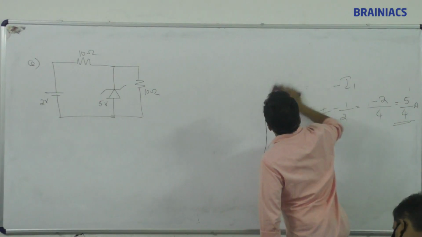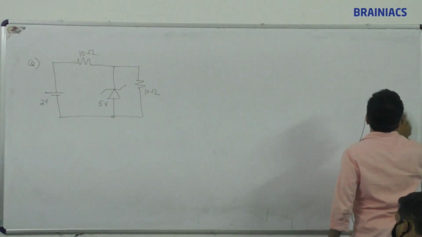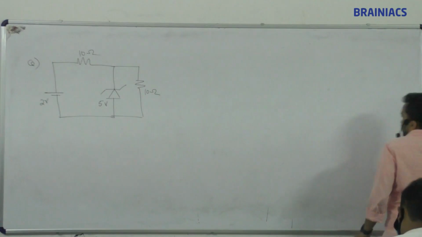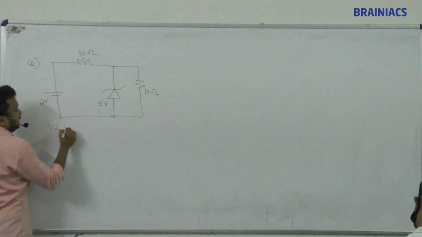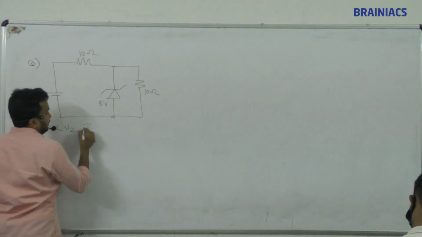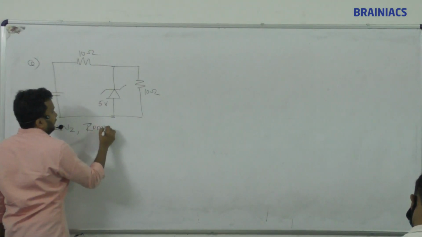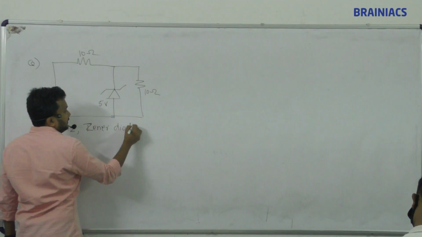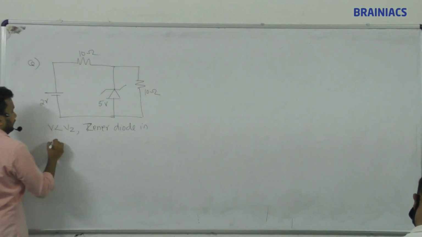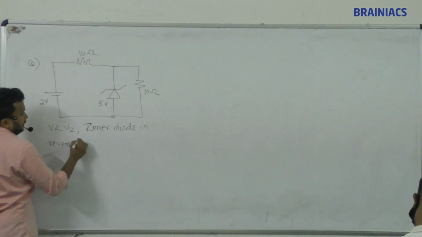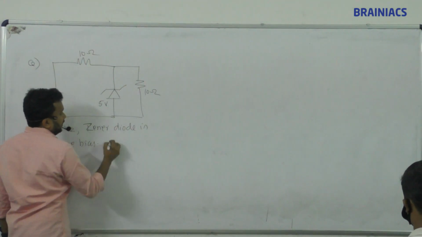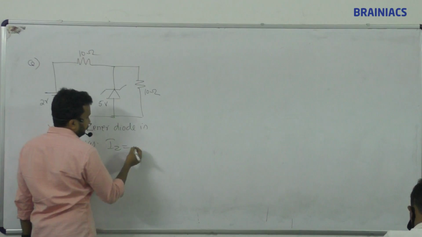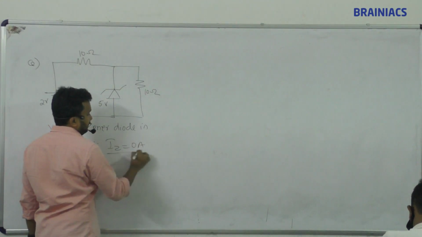Second case. Case number 2. The diode is reverse biased because V is less than VZ. Zener diode in reverse bias, so I is equal to 0 ampere. Answer is 0.